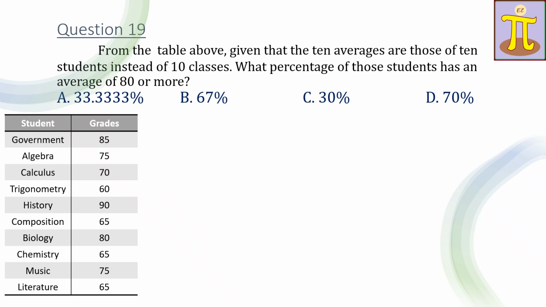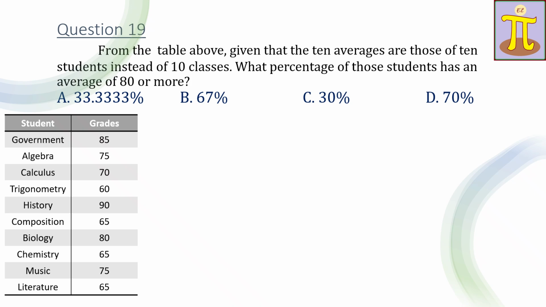Question number 19. From the table above, given that the 10 averages are those of 10 students instead of 10 classes, what percentage of those students had an average of 80 or more?